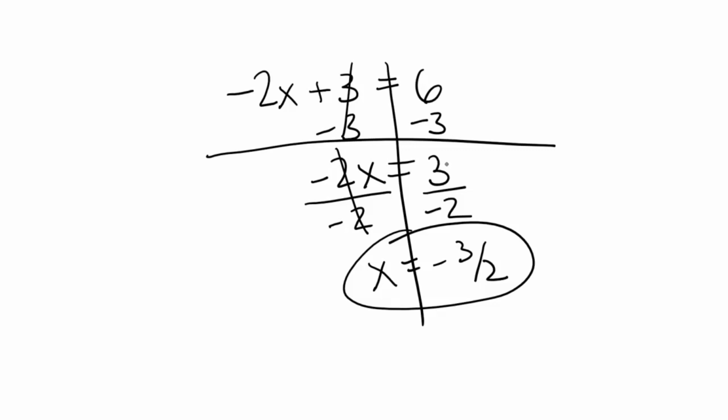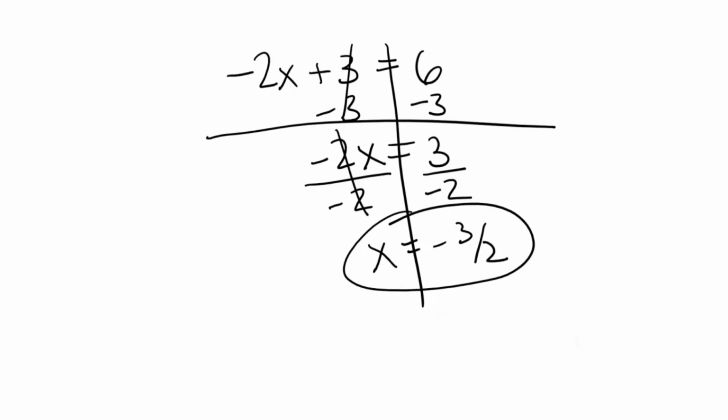Now let me show you what the difference is when it's an inequality. I'll take those same numbers: negative 2x plus 3, and now I'm just going to change the equal sign into an inequality. Let's say less than or equal to 6.